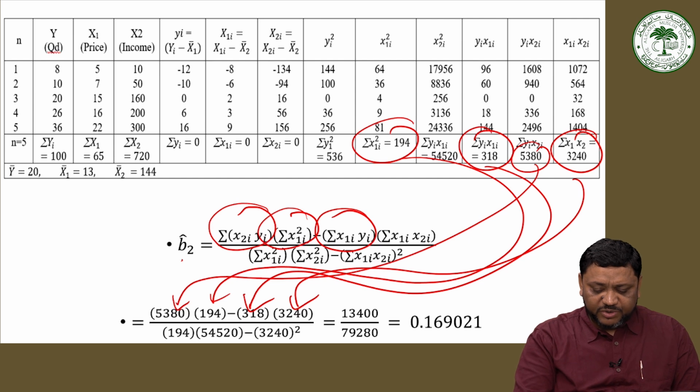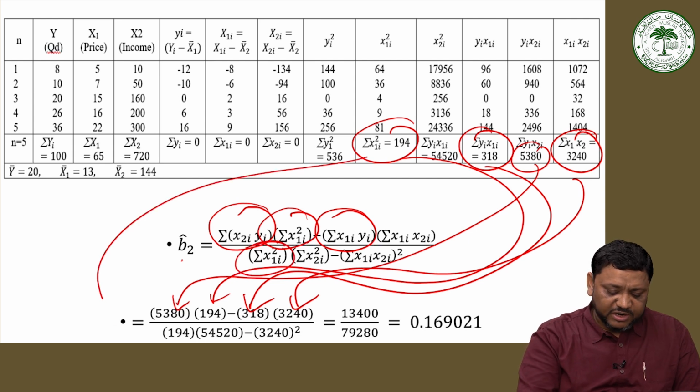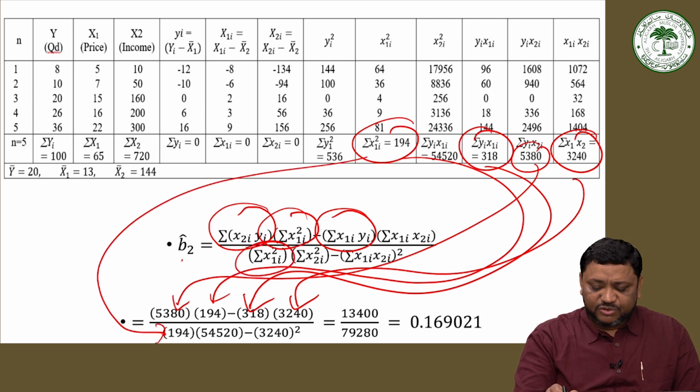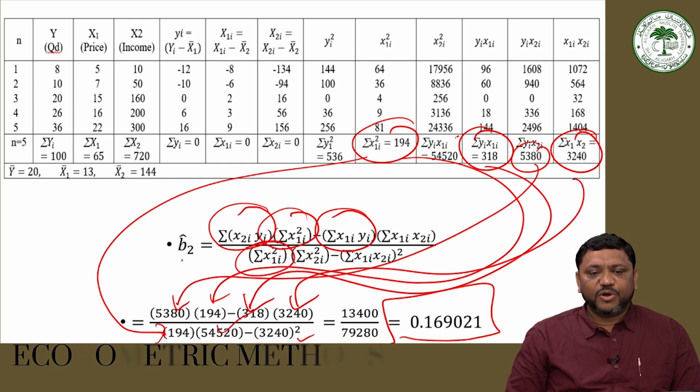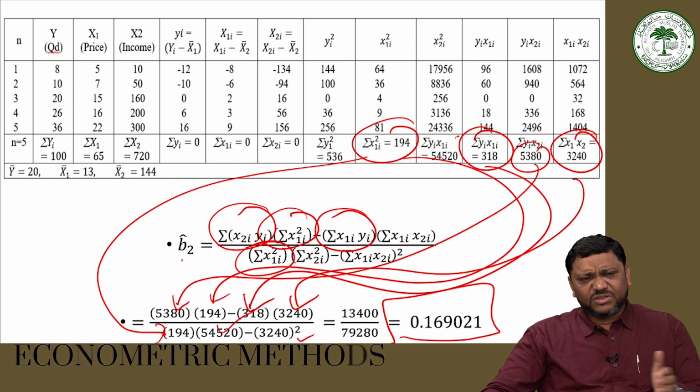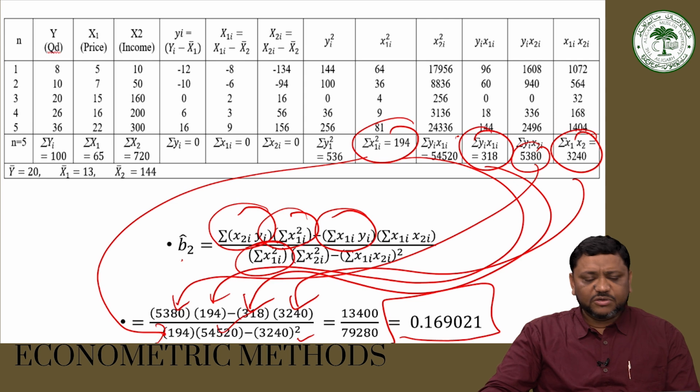Similarly, for the denominator, x1 square, again 194, and then the next one is x2 square. We take the value of x2 square and then we calculate this. Finally, we insert all the values and we get 0.16. So the process is the same like your first one.